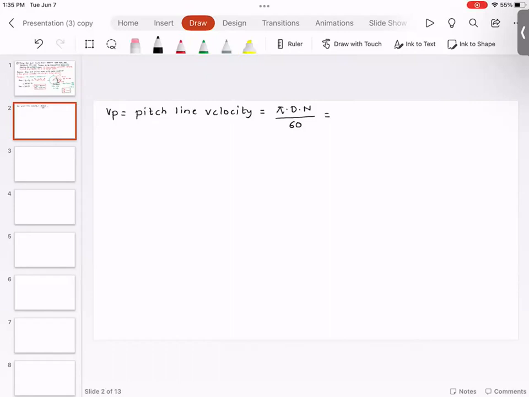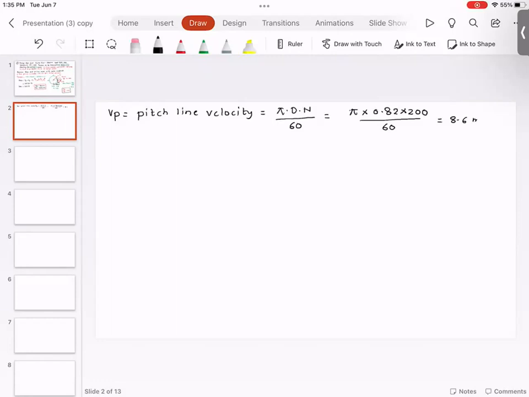So this is given as pi, and I'm going to use the gear. So this becomes 8.6 meters per second.